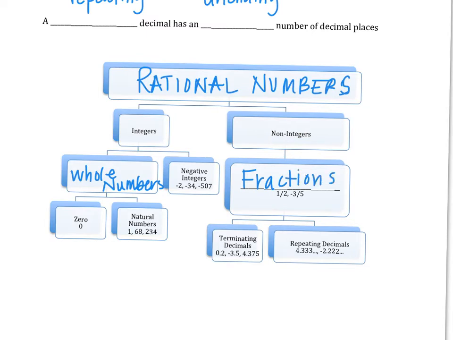Fractions are non-integers, and that would be 1/2, which we have right here, which you can also write like this, or -3/5, which you can also write like this. So non-integers are rational numbers. That also includes what we just talked about, which is terminating decimals and repeating decimals.